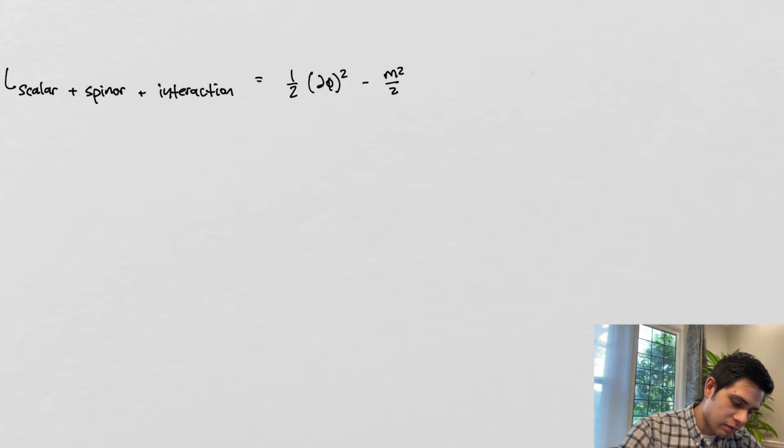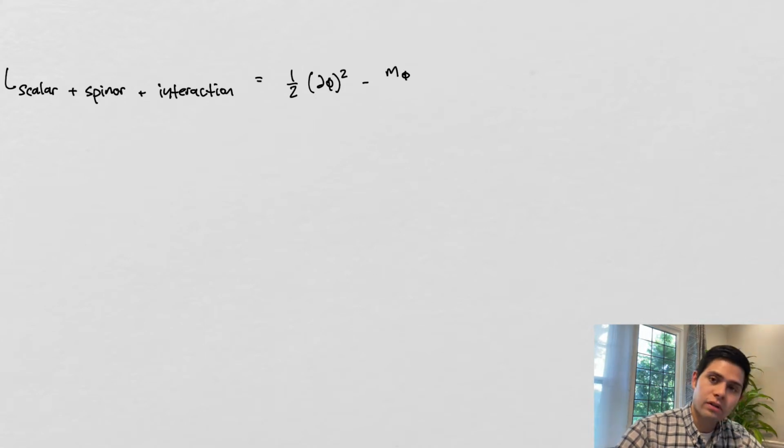And this is going to be the mass of, we have to start being a little bit more specific. This is going to be the mass of the scalar field squared over 2 times the scalar field itself squared.